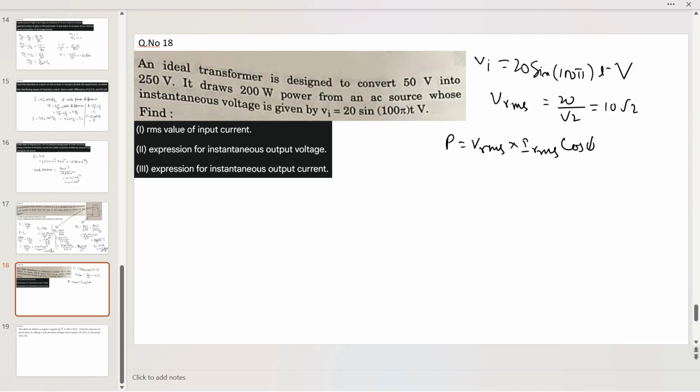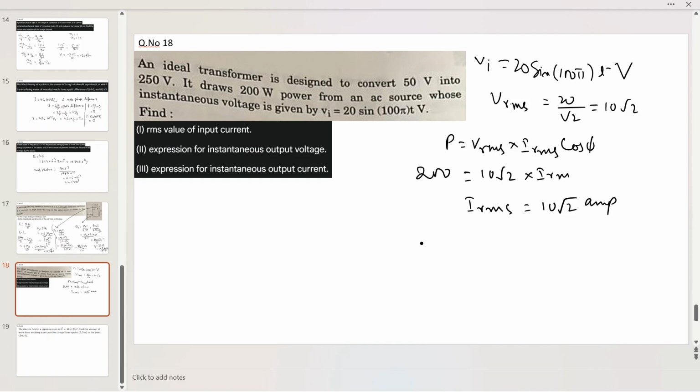We are going to take cos phi as 1, so here your power is 200, and Vrms is 10 root 2 into Irms. So your Irms will be 10 root 2 ampere.